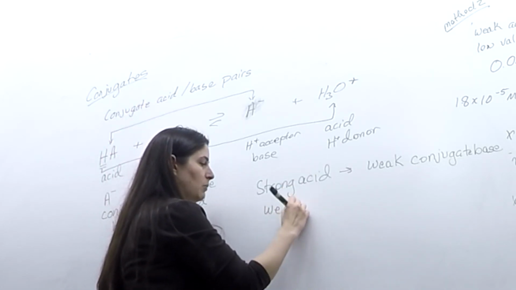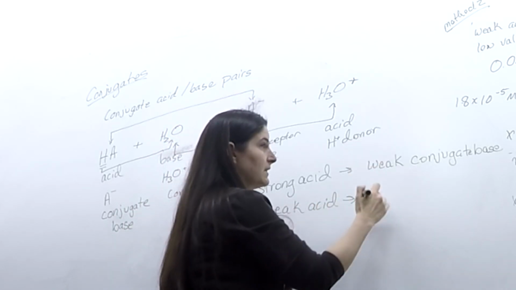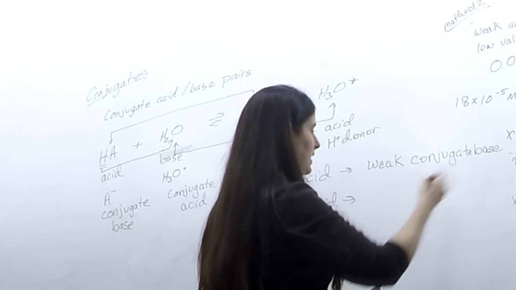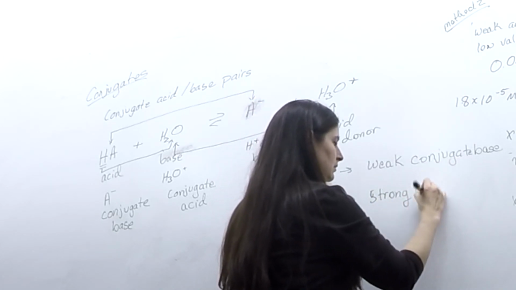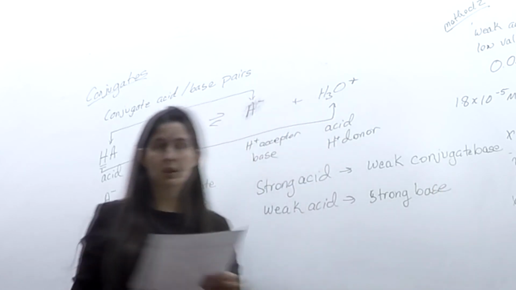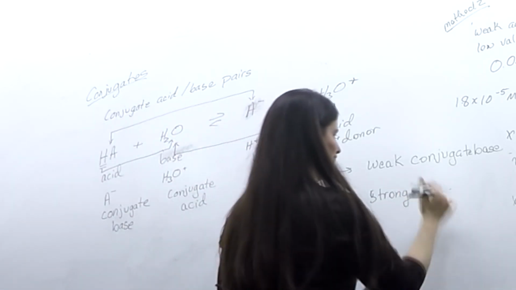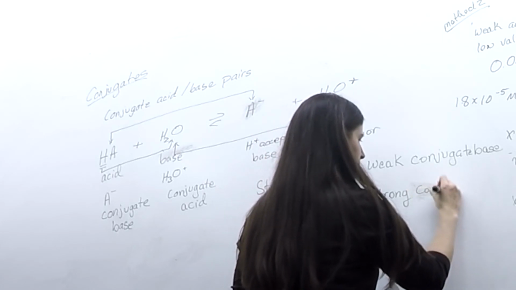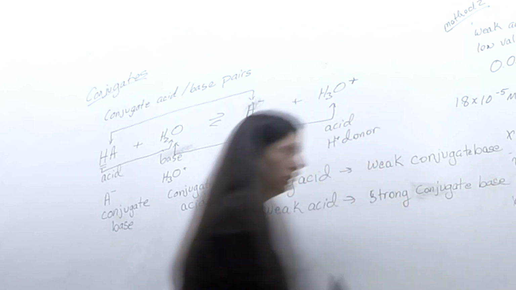If you start with a weak acid, like the acetic acid, the acetate ion that is created is a conjugate base, not a strong base.